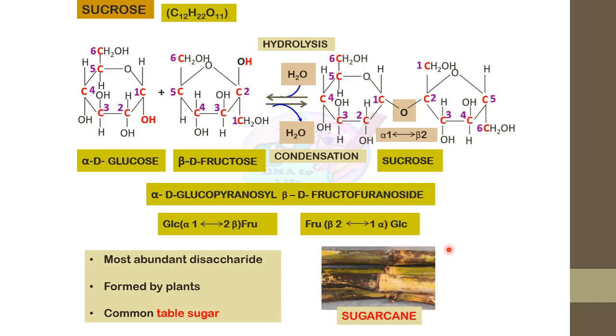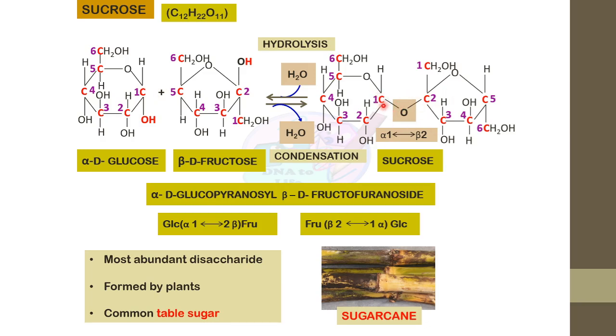Next one is sucrose. Sucrose is formed when alpha D glucose and beta D fructose react together. If you look here, this is OH down the plane on the anomeric carbon. In fructose, carbon number 2 is the anomeric carbon, and here this OH is up the plane, so this is beta D fructose. This alpha D glucose and beta D fructose link together with an alpha 1 beta 2 bond. Now this carbon is present here, second number, so fructose flips over and forms this bond.